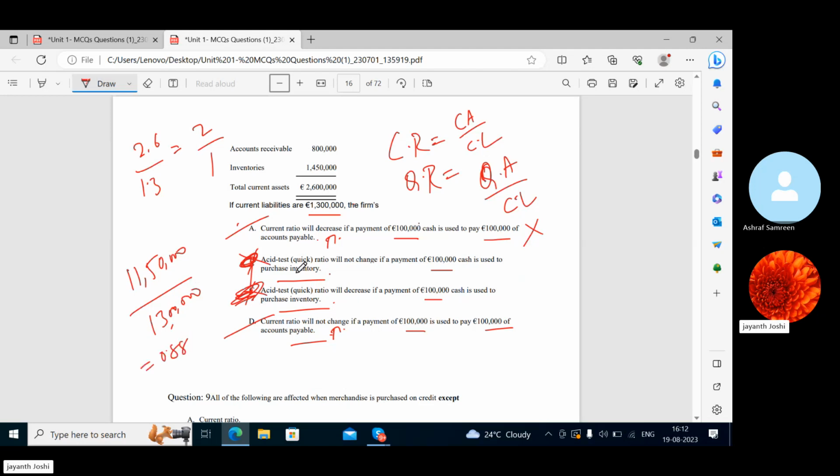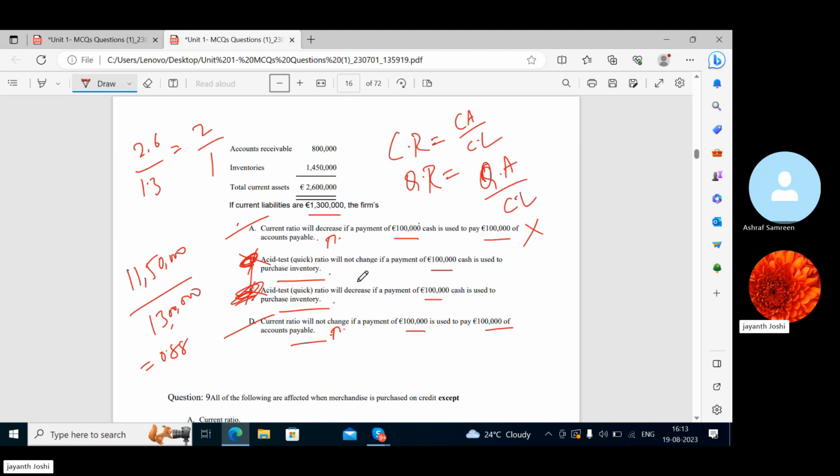Okay. Now acid test ratio will not change if payment of this much cash is used to purchase inventory. See what is happening actually. I will see my quick ratio is like 0.88, correct?